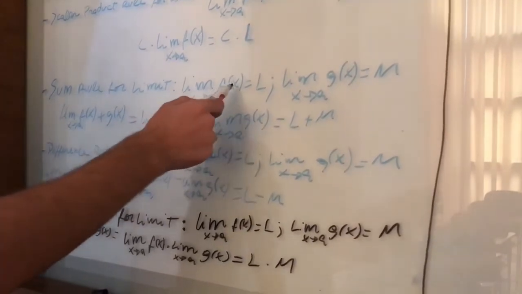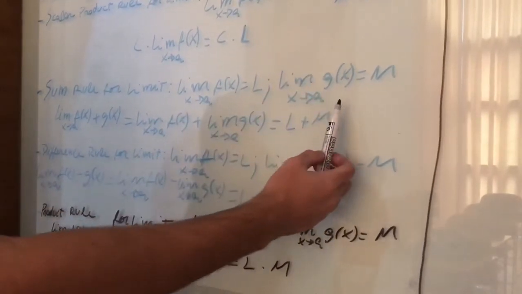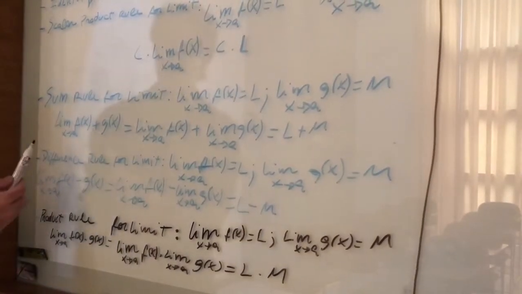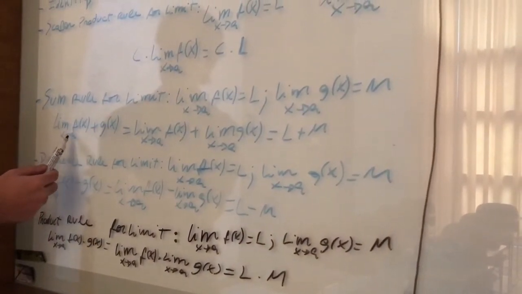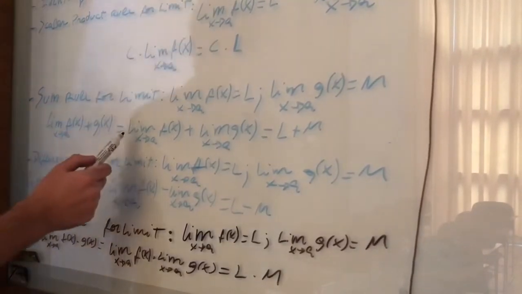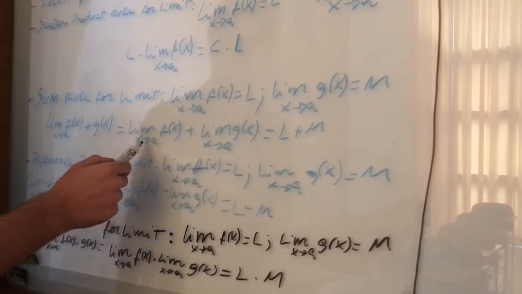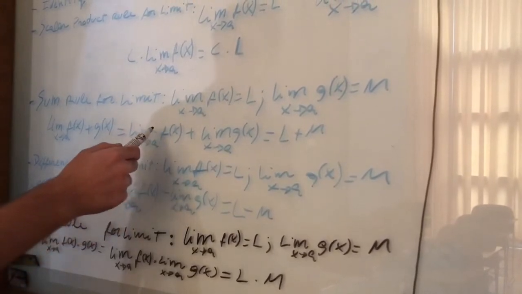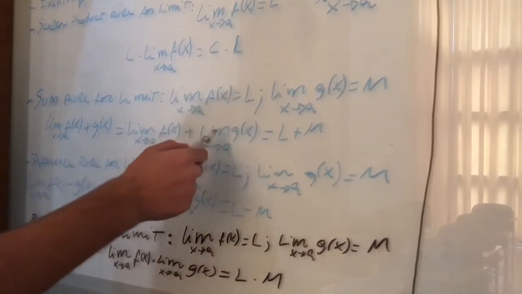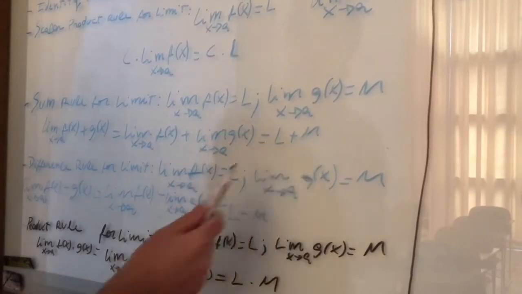In this case, the limit of f(x) as x approaches a equals L, and the limit of g(x) equals m as x approaches a. If you take the sum of these two functions as x approaches a, you can rewrite it as the limit of f(x) plus the limit of g(x) as x approaches a. Now you can substitute the limit of f(x) equals L and the limit of g(x) equals m, so it would be L plus m.